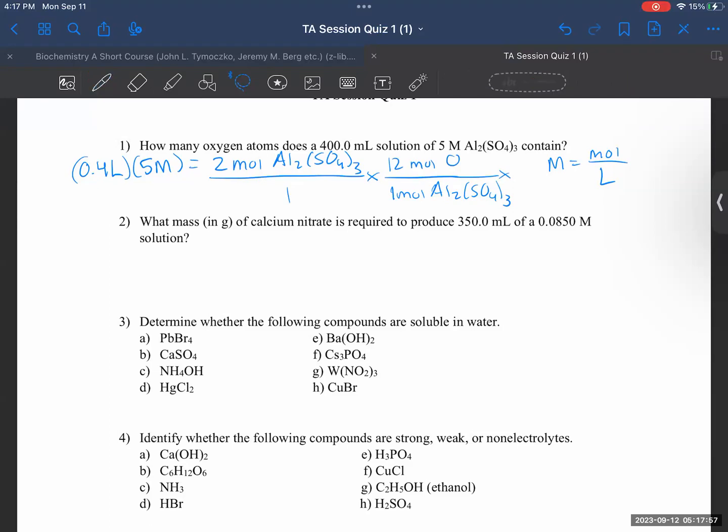And this is where we use that special number. For every 1 mole of oxygen, there are 6.022 times 10 to the 23rd oxygen atoms. If you put this into the calculator, what did y'all get?